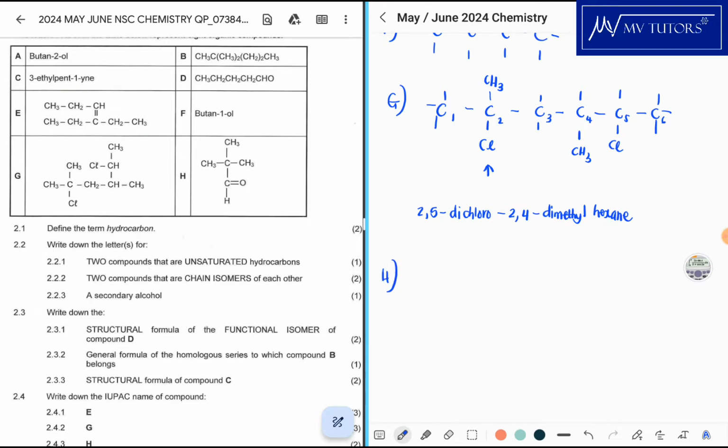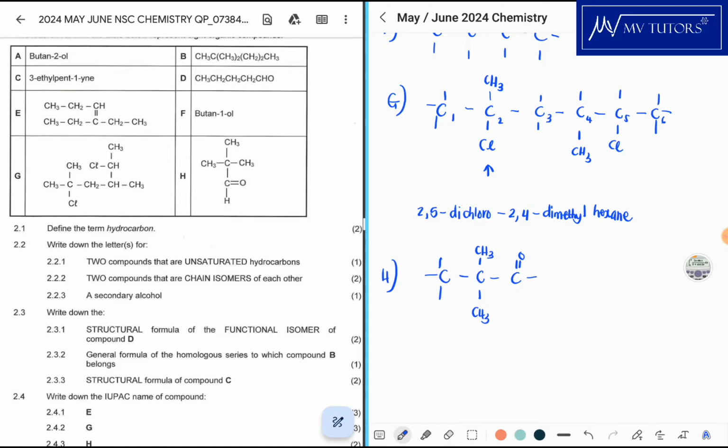Now H. Okay, if I draw that in a straight line, I have C, C, C. I have a double bond to oxygen and a hydrogen there. On my second carbon, I have methyl groups. And my first carbon is just the normal. Okay, what would I name this?